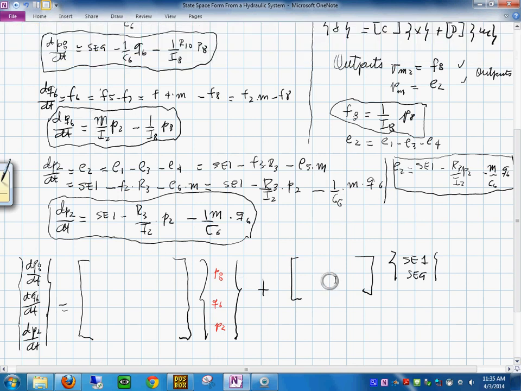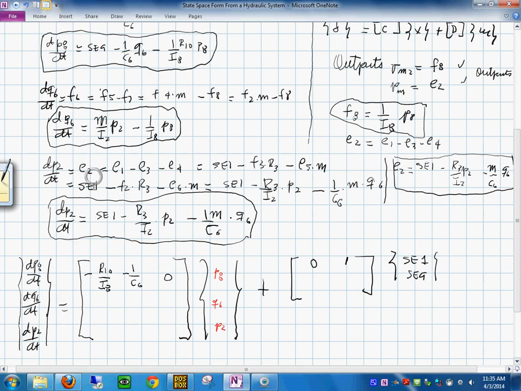Okay, SE9, so this has a 1 and has a 0 here. Q sub 6 is, but it has P sub 8, yes it does. Minus R sub 10 over I sub 8 in here. Q sub 6 is minus 1 over C sub 6, and P2 is 0. That's this equation.